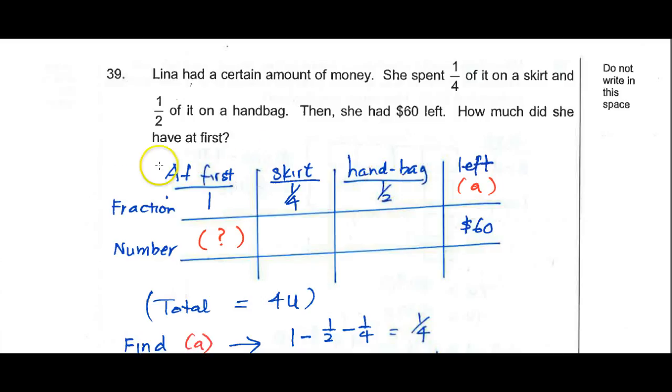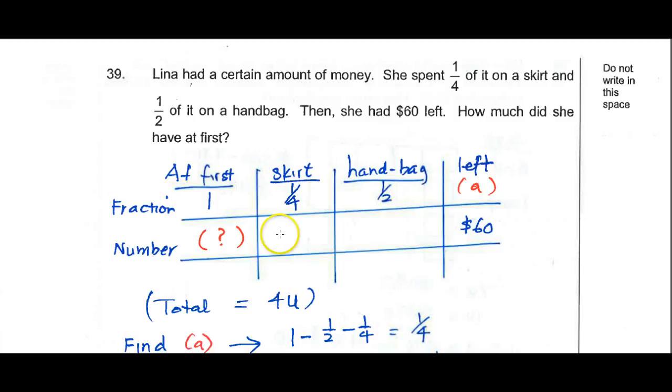All right, let's draw this table to understand where you come from. This certain amount of money we do not know. She spent 1/4 of it on a skirt. So 1/4 here, this is a fraction, 1/4 on skirt.